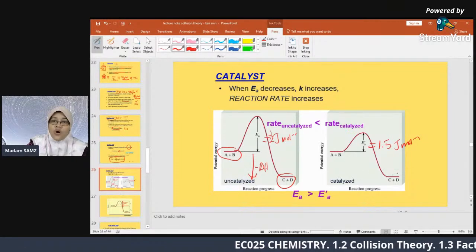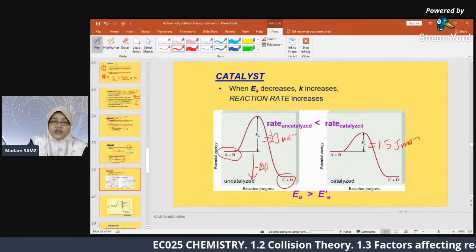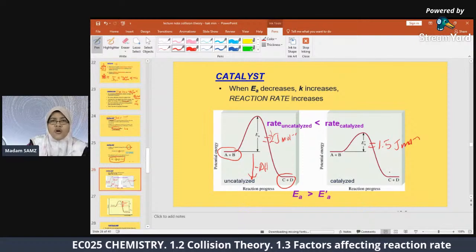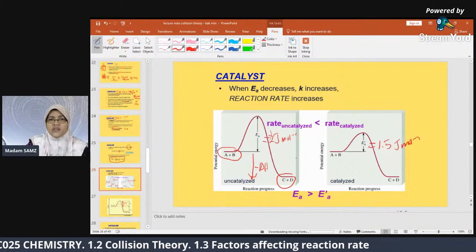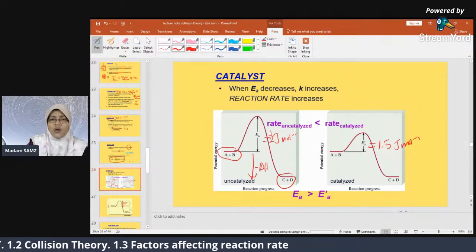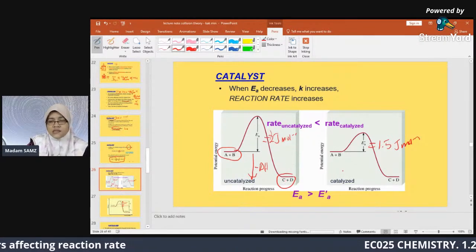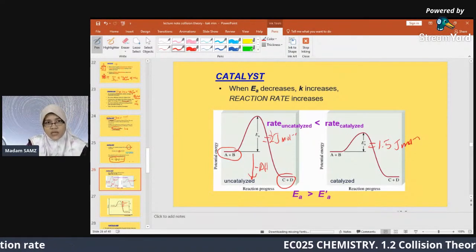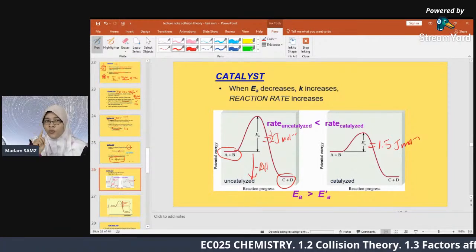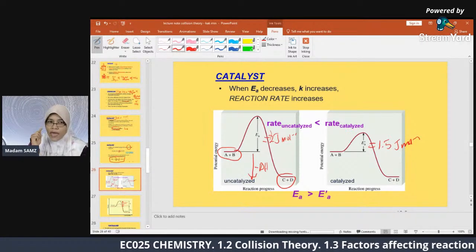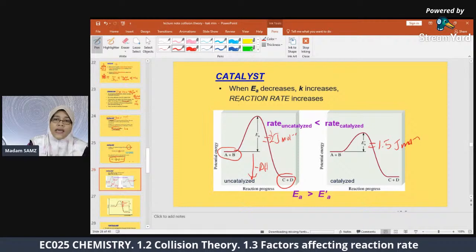Okay. So more C and D as product. Maybe C and D can form faster, 5 minutes instead of, let's say, before we want to form CD, maybe it takes 10 minutes. After adding catalyst, it becomes 5 minutes. So adding catalyst will lower your activation energy. Why?